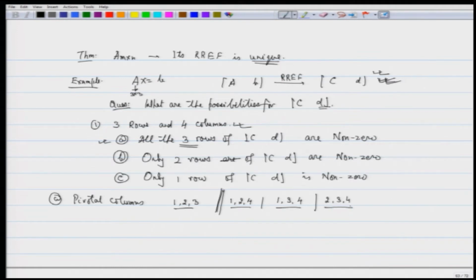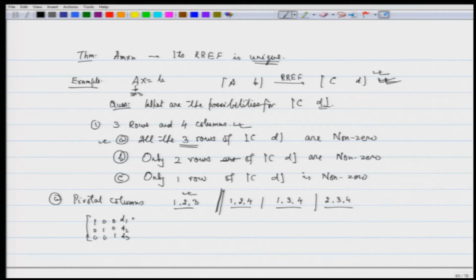So, let us write the corresponding matrices. If the pivots are 1, 2, 3, then I need to get the identity. This is what we understood in the previous class, that each pivot gives some form of identity. Since there are 3 here, I will get the identity in the first 3 columns, and therefore D will be something like D1, D2, D3.